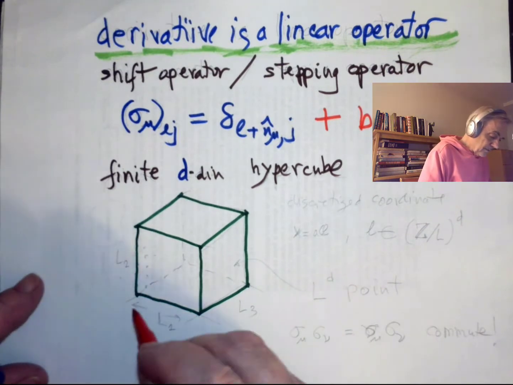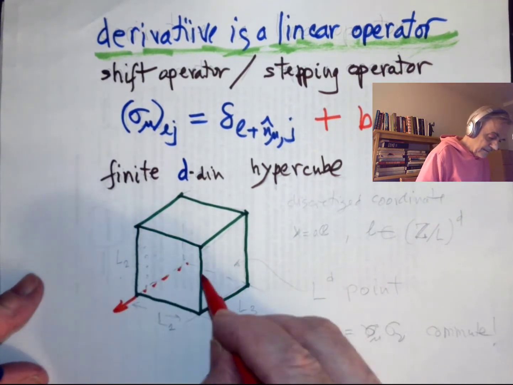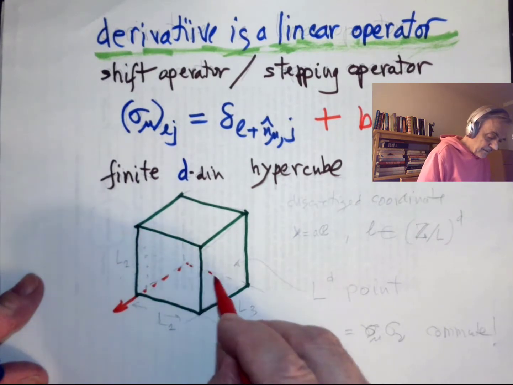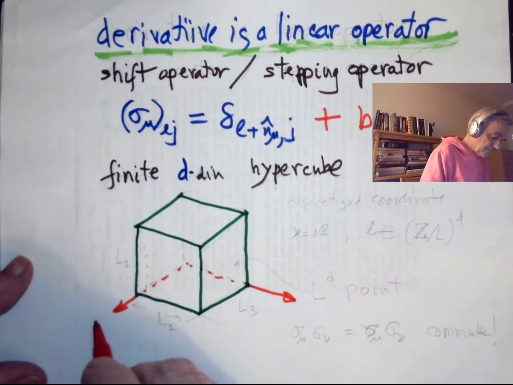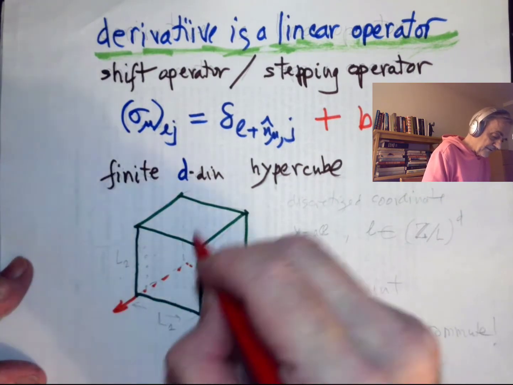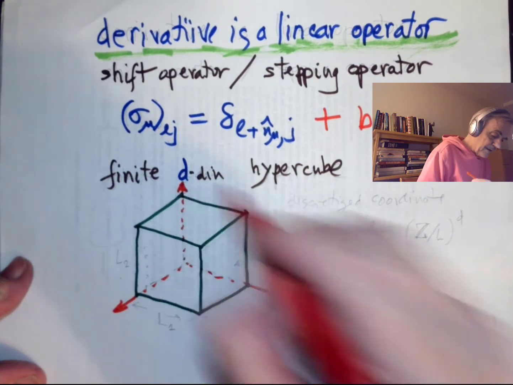And now, this is maybe direction 1. This is direction 2. Originally, you had your axis there. This is direction 3.